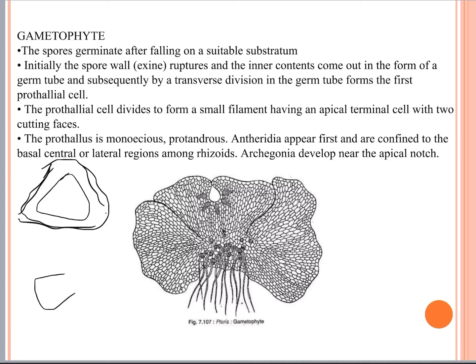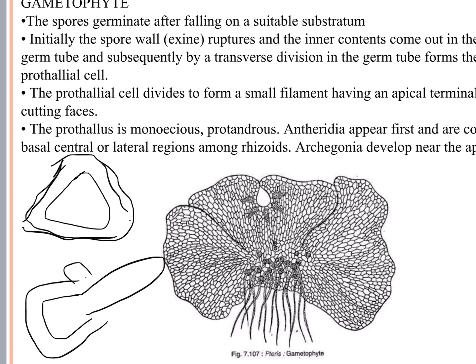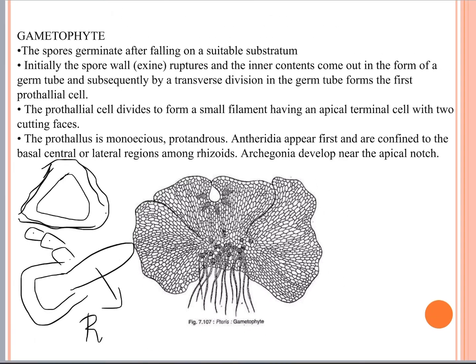The exine breaks and the germ tube comes out, and later on this germ tube develops into cylindrical thallus cells here, and a rhizoidal initial.